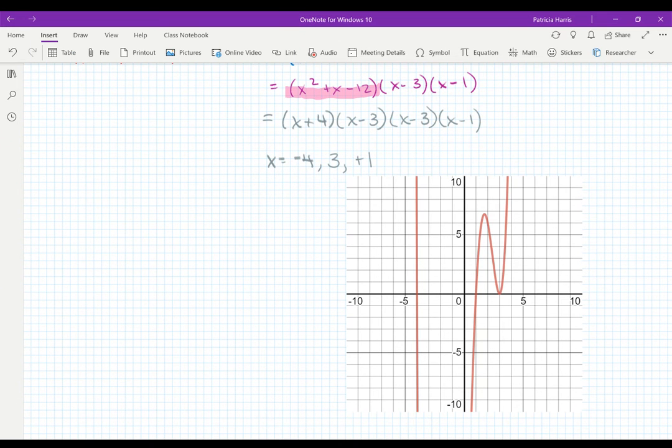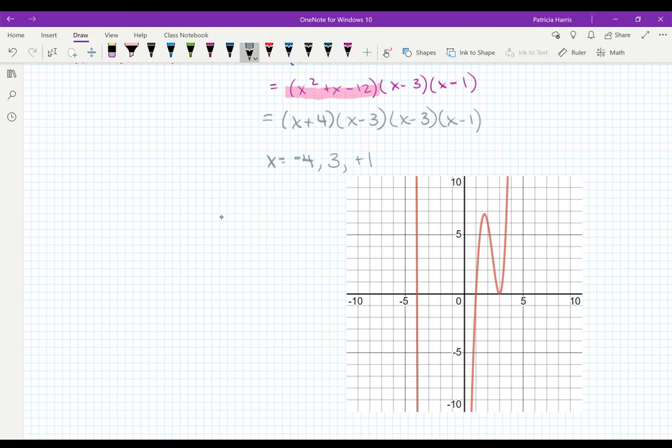Okay, now check this out. Here is my negative 4. See how that crosses the x-axis? It crosses it. Now if I look at 3, notice that over here it looks like it bounces off the x-axis.